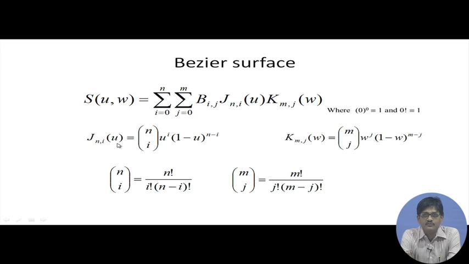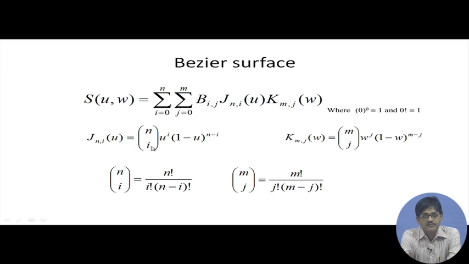This weight function, multiplied with all the control point coordinates, is equal to nCi u^i (1 - u)^(n-i). What is n? n is the total number of control points counted from 0. That means, if there are 4 control points, n will be 3.